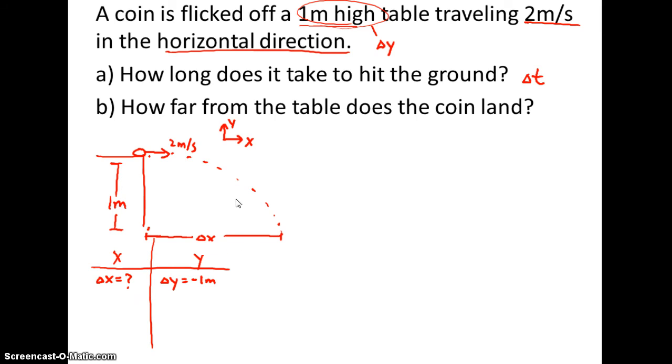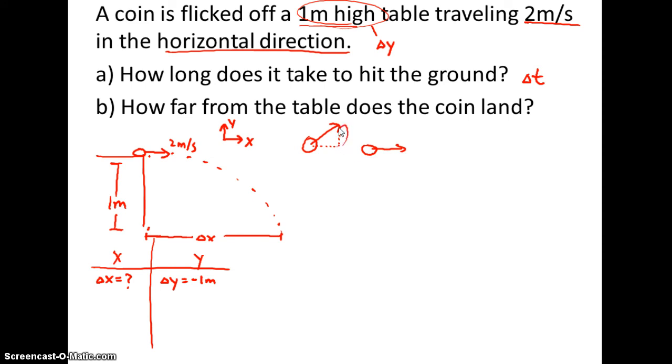What else do we know? How about this piece of information? 2 meters per second in the horizontal direction. Think of a ball being kicked off at an angle. Now that ball has an initial velocity in the x direction and the y direction. But our scenario is a coin just getting flicked off the table only in the x direction, the horizontal direction.